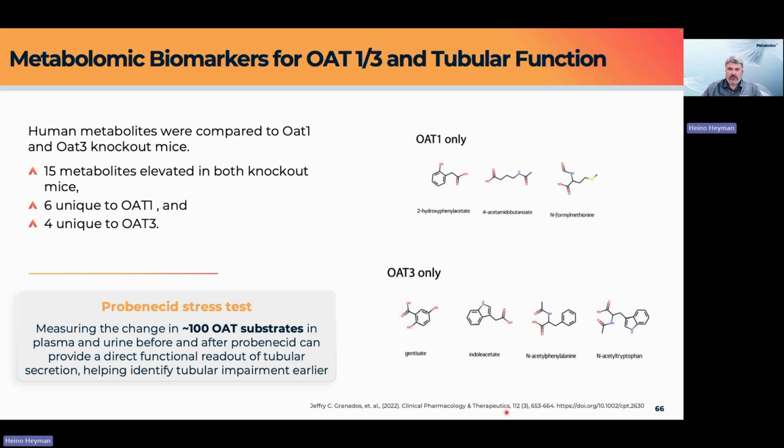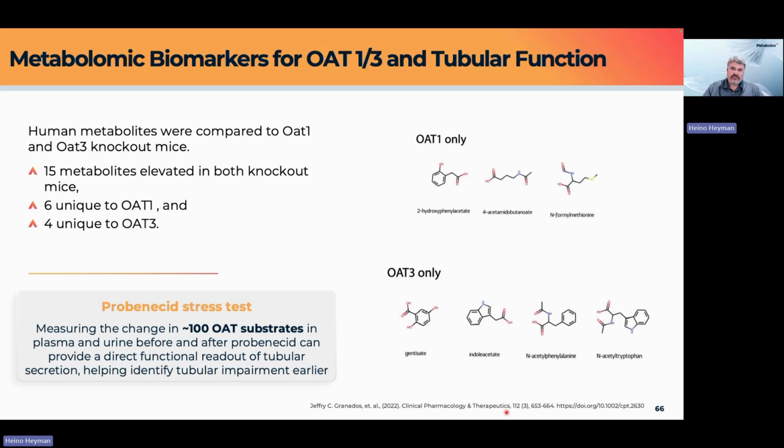This group then went one step further and suggested a probenecid stress test, which is an assessment of the tubular function in kidney diseases, focused on the proximal tubular organic anion transporter capacity of kidneys of patients that are being treated.